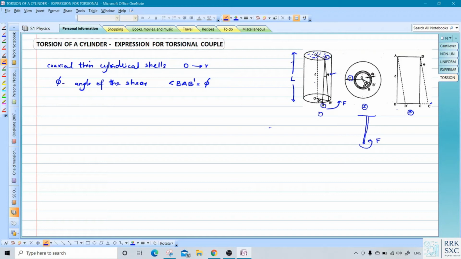So you have a cylinder, you cut the cylinder with scissors along the line AB and then you spread it out, you will get a rectangle, that is ABCD before twisting, and after twisting that rectangle will take the shape of a parallelogram AB dash C dash D.